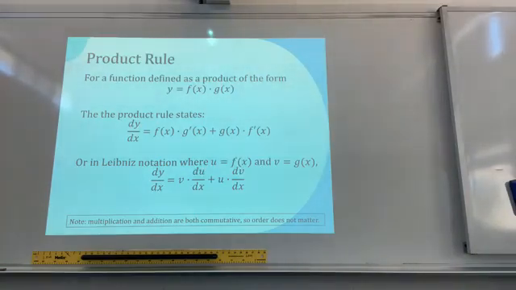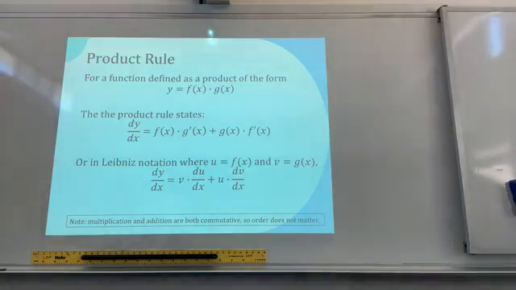Now for the product rule, multiplication and addition are both commutative, so order does not matter. However, when we look at the quotient rule on Monday, order actually matters. Multiplication, f(x) times g(x) is the same as g(x) times f(x).